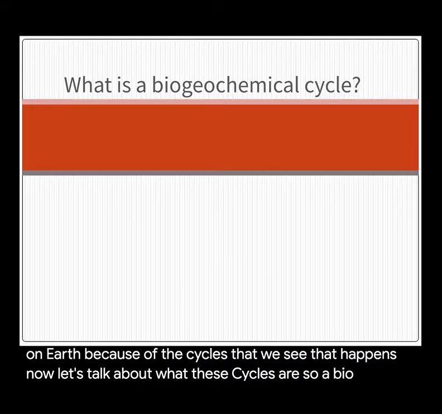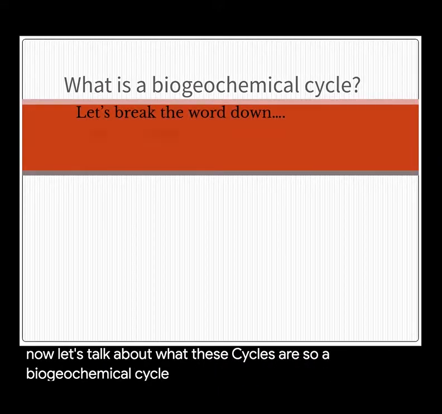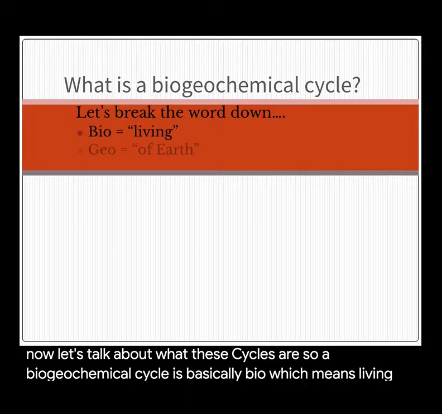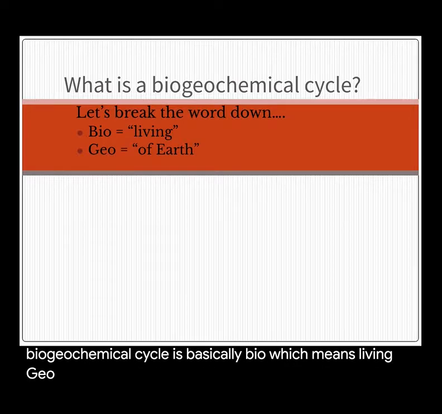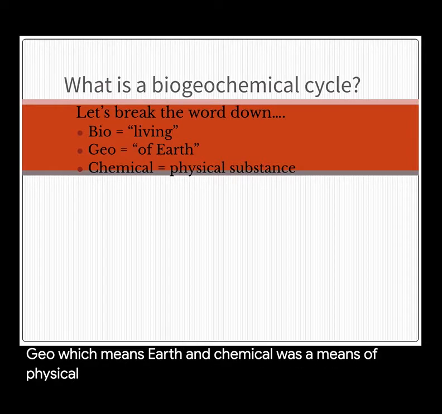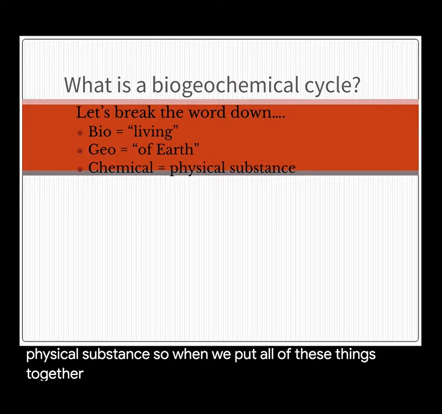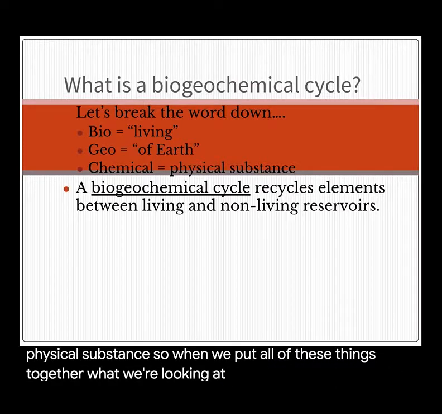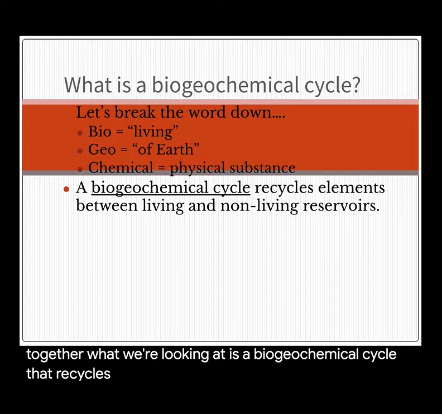So a biogeochemical cycle is basically bio, which means living, geo, which means earth, and chemical, which means physical substance. When we put all of these things together, we're looking at a biogeochemical cycle that recycles the elements between living and non-living reservoirs.